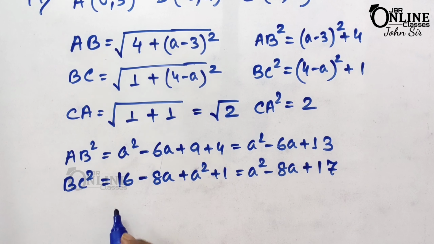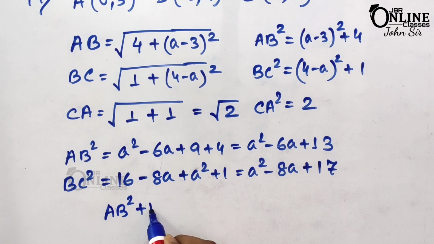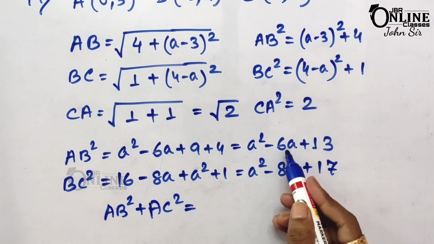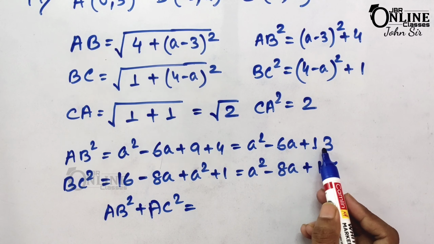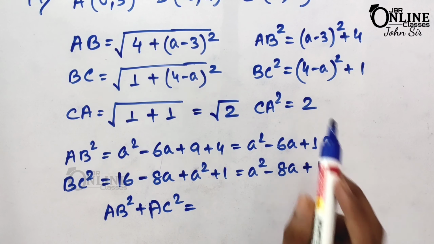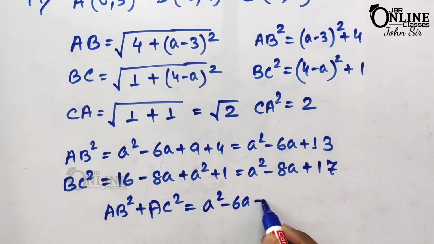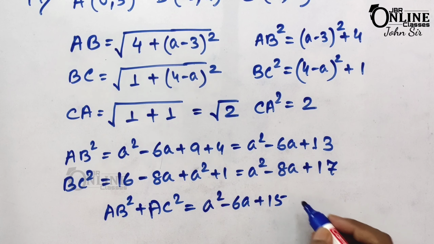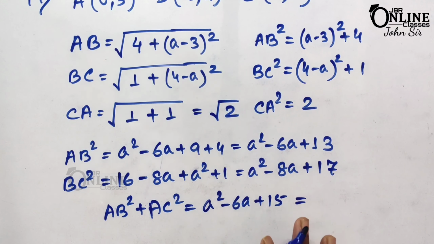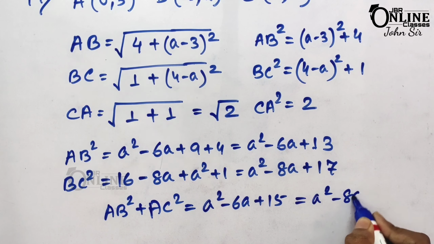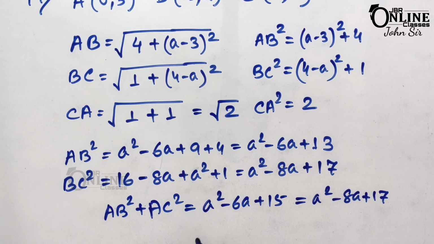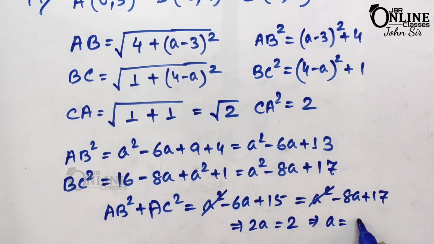So now according to Pythagoras theorem, AB square plus AC square. Suppose AB square equals A square minus 6A plus 13, plus 2. So it would be A square minus 6A plus 15, because 13 plus 2 equals 15, and which is equal to BC square, that means A square minus 8A plus 17. Now A square will be cancelled out, and from that 2A equals 17 minus 15, that equals 2. So from that A equals 1 as your answer.